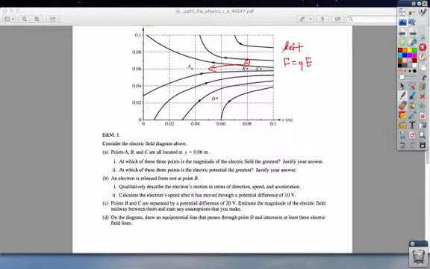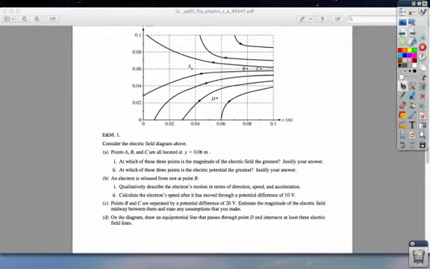And if it's accelerating the whole time, the speed is increasing. That's the next part, because there's acceleration. Now, as we said before, the field is highest at C, and it gets weaker as we go towards A. So the acceleration, even though it's positive, is decreasing.